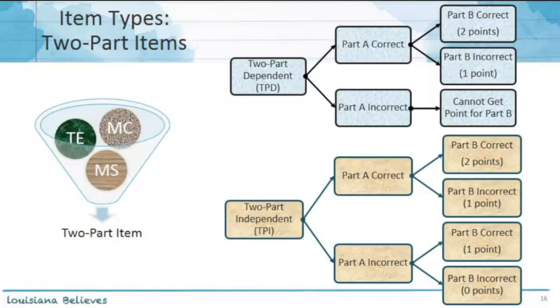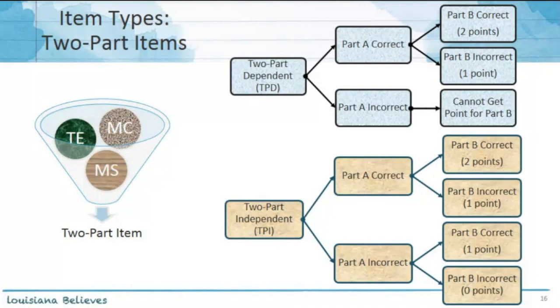All right, here we have something called 2-part items. I'm not sure if the other subjects have it, but we have what's called a 2-part dependent and a 2-part independent. Let's talk about the 2-part independent first, because it's a little easier. There are 2 parts to the question, but they don't rely on each other.